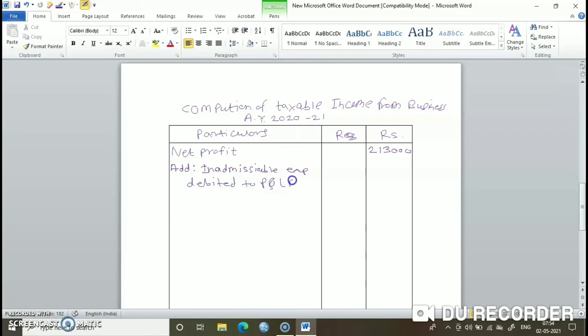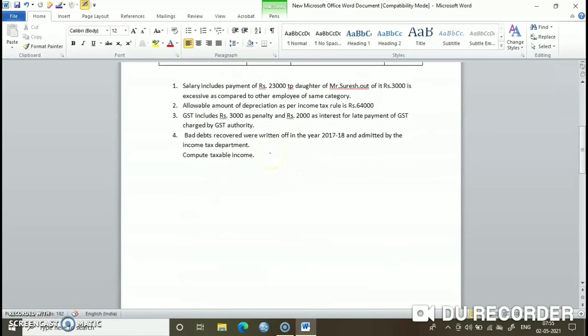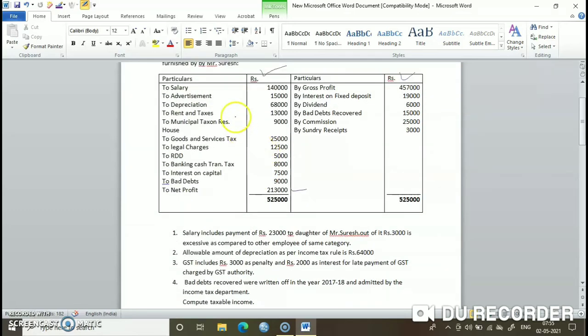What does this mean? We consider whatever expenditures are debited by Suresh in the profit and loss account, right from salary up to bad debts. We are considering those expenditures which are not business expenditure but recorded here. These are to be treated as inadmissible, that is disallowed expenditure. It is not allowed by the income tax department.